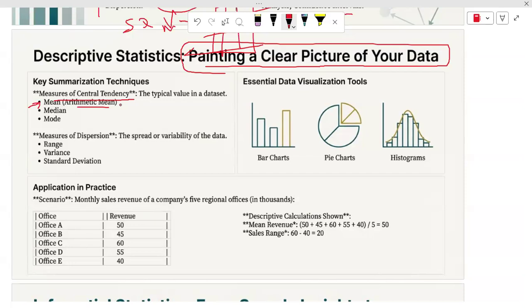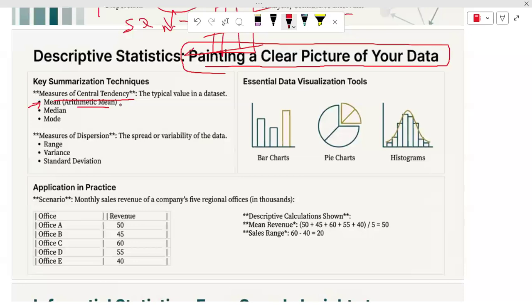In our day-to-day life, we call it average. Median is the midpoint, the point in the center. The mode is the value that occurs most times. Mean, median, mode. So these are measures of central tendency.